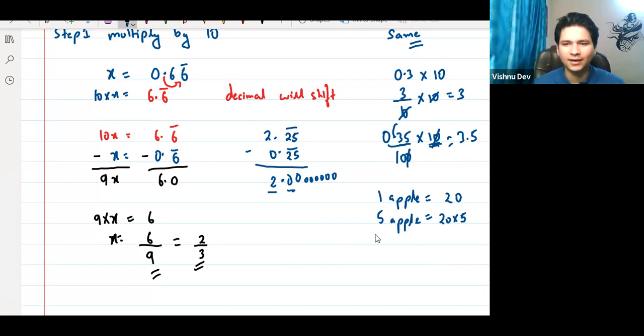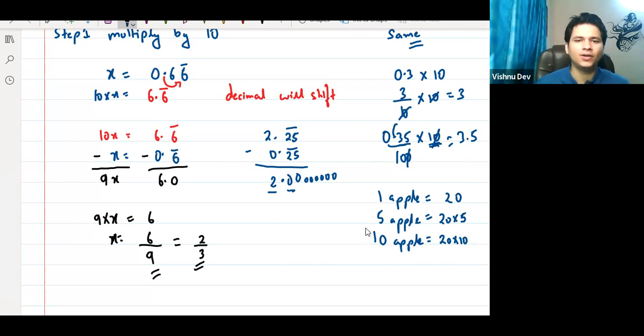If you talk about 10 apples, that will be 20 into 10, right? Easy enough. Did you understand this? Basic unitary method. Very good, Shreya. Correct, very good, Aditya. Nabil, you are getting this? Everyone is getting this?